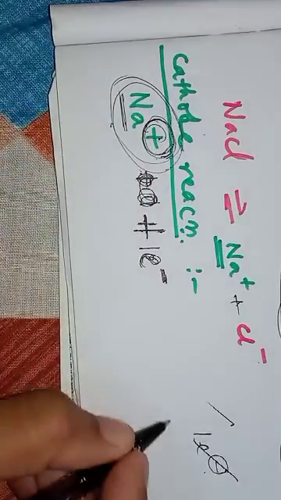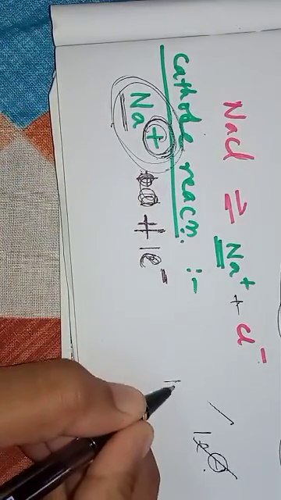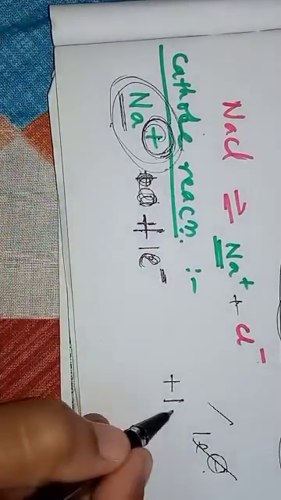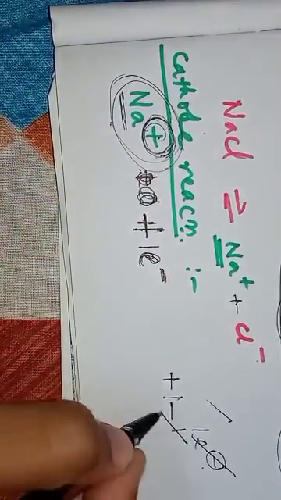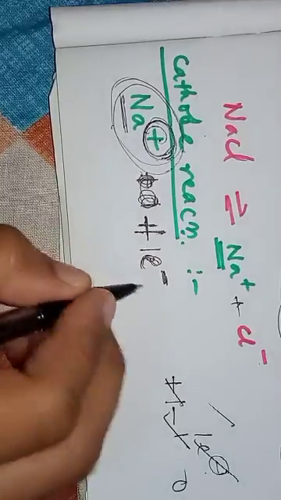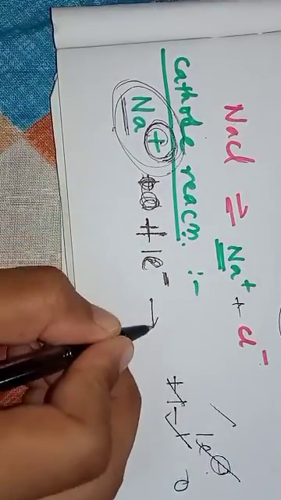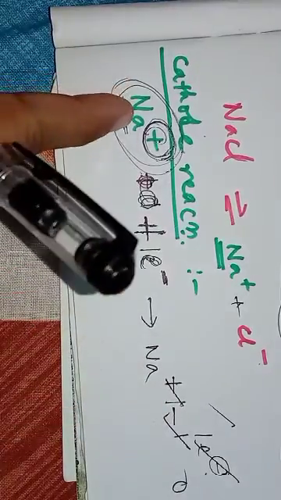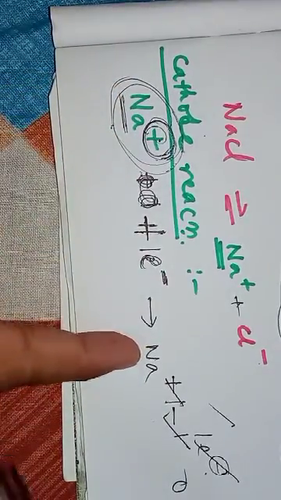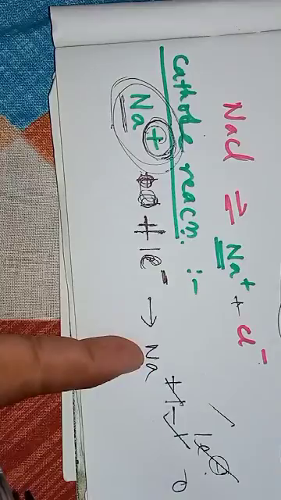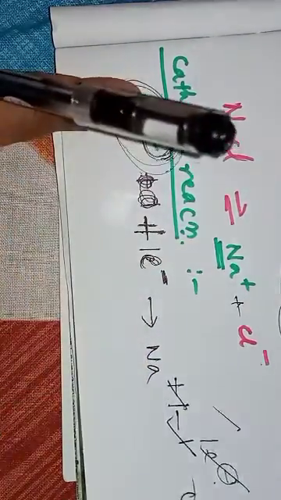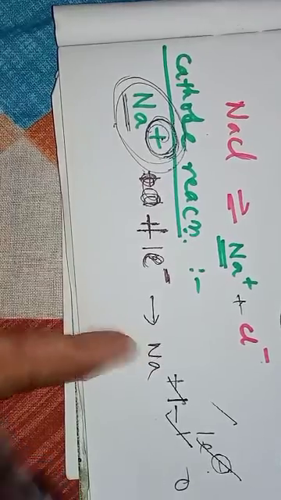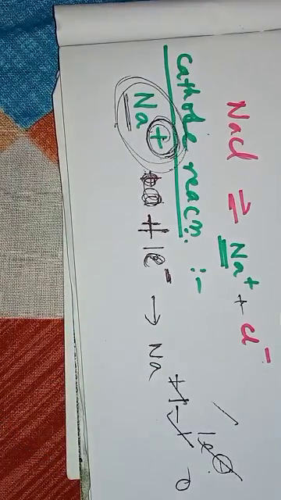So this is plus 1 and minus 1. You have studied this in algebra, will give you 0, isn't it? So it will become Na, it will lose its positive charge. So this is how Na plus gets discharged at cathode, and it becomes a neutral atom.